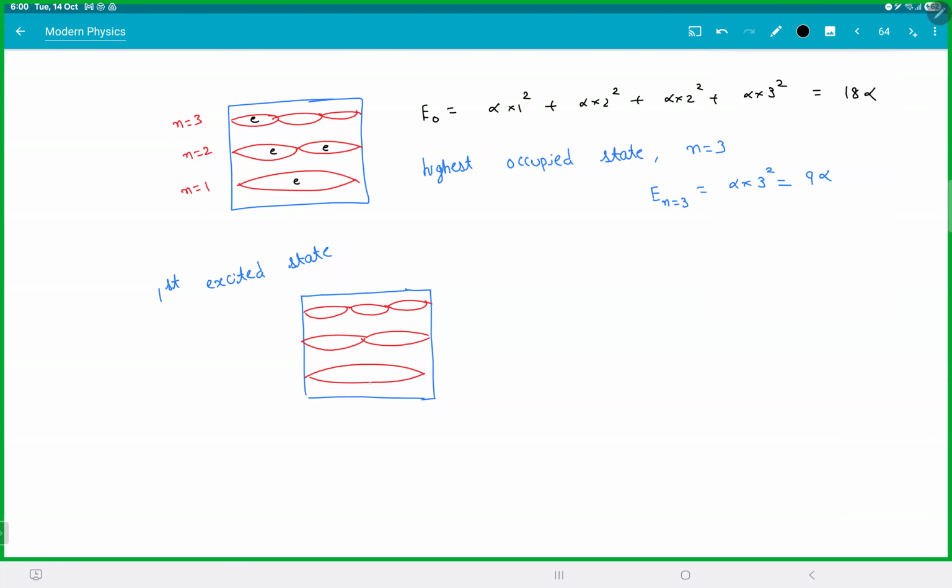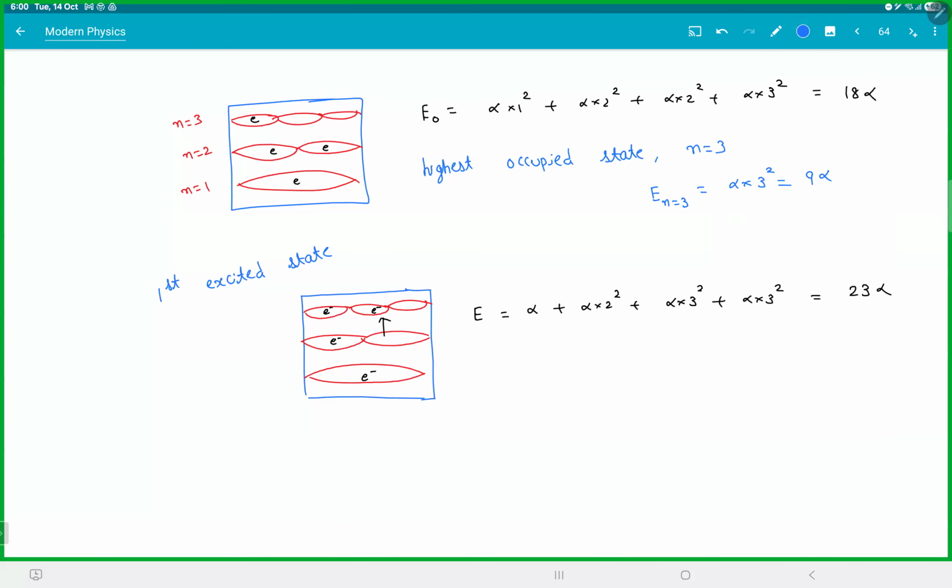So the first excited state, you have an electron here, an electron here, an electron here, and an electron here. Electron jumped from here to here. This is your first excited state. So energy of the first excited state will be alpha plus alpha into 2 square, alpha into 3 square plus alpha into 3 square. That will be 1, 4, 9, 9, which is 23 alpha.